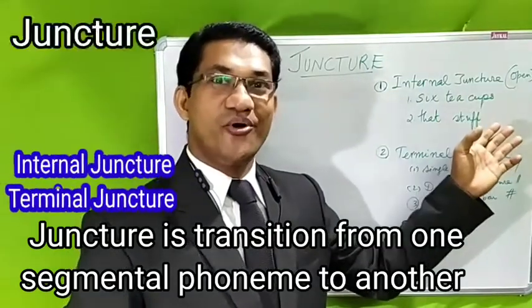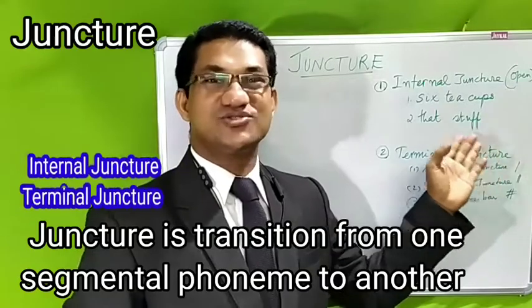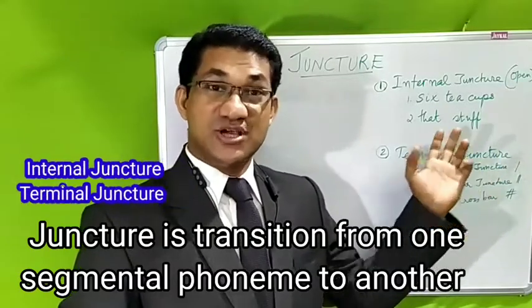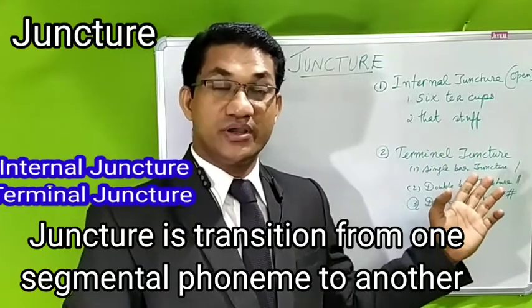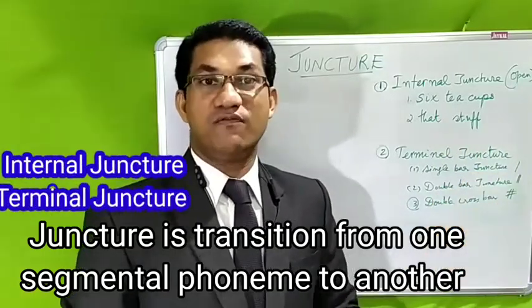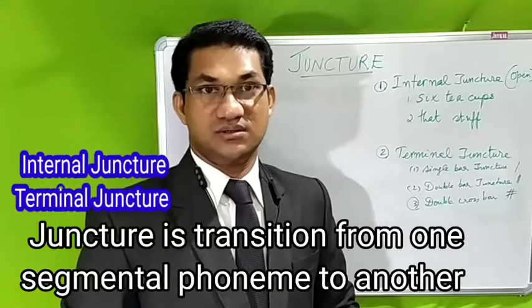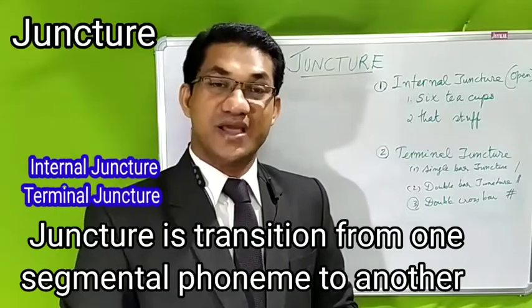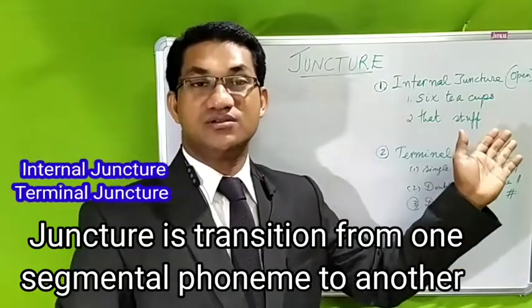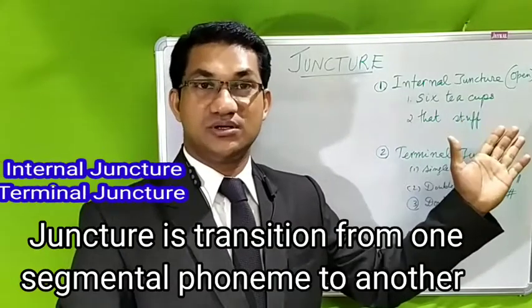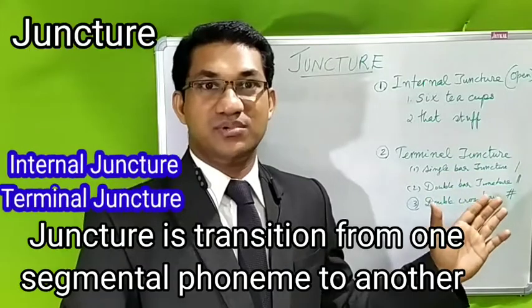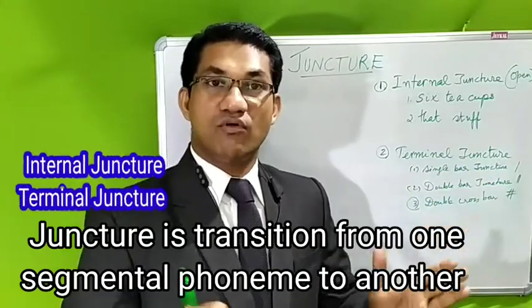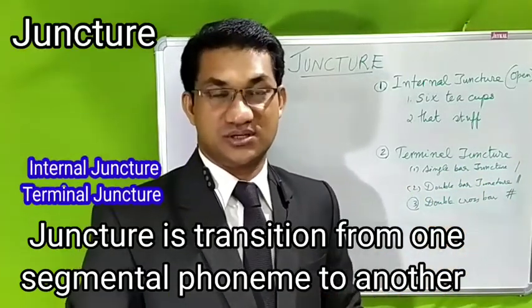There is one more name, plus juncture, because the transition from one phoneme to another is shown with the help of plus marks. Hence we call the first category internal juncture, open juncture or plus juncture. Let us look at two examples.